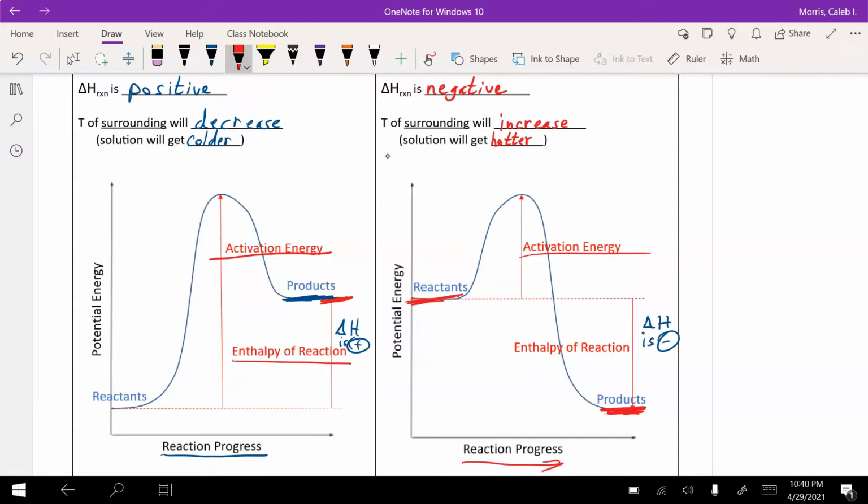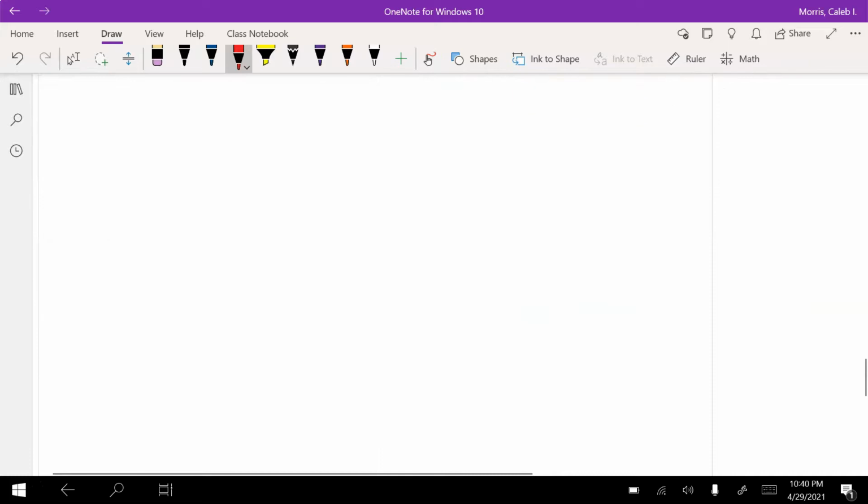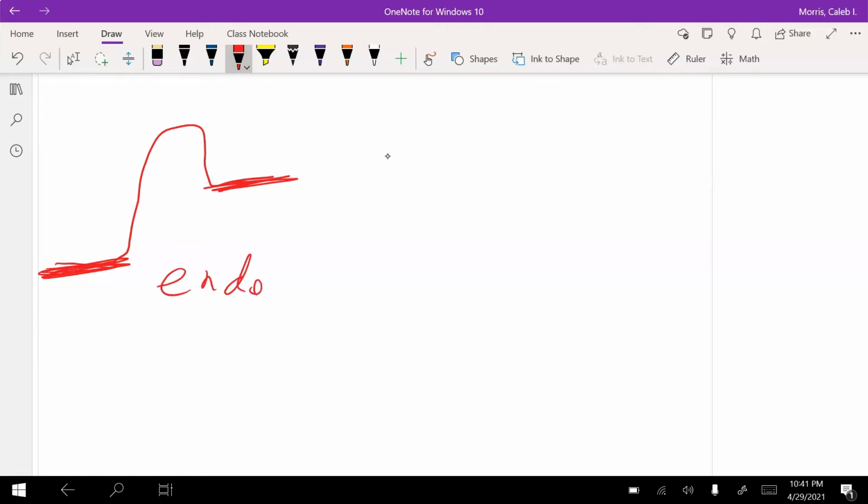So if you are answering questions where it just simply asks you, is this an endothermic or exothermic reaction, you can look at the shape. Something like this, where you've got a lower energy becoming a higher energy, that's endothermic because energy is being absorbed by the system. There's an increase in enthalpy.